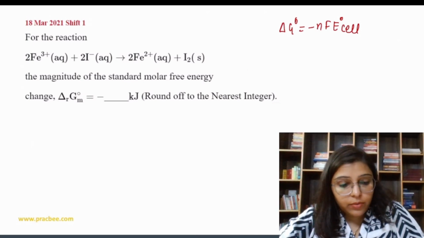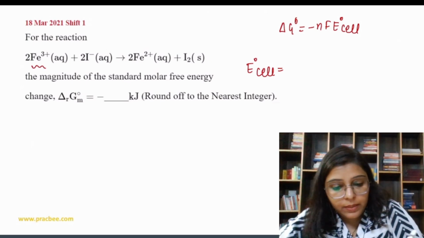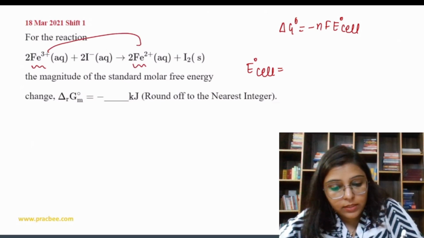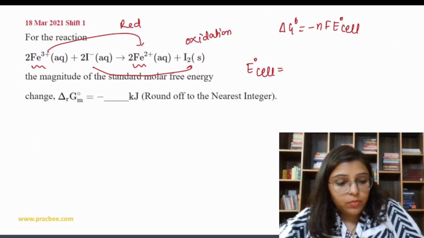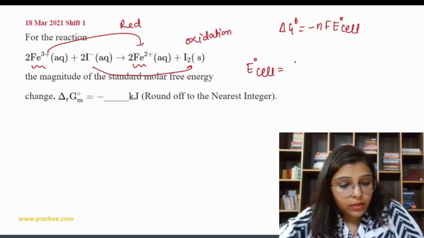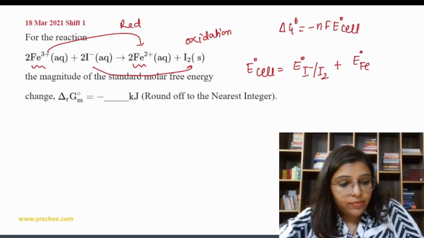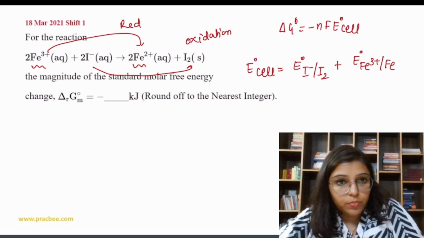In order to calculate E naught cell, we should have this value. Which value? Fe3 plus to Fe2 plus is the reduction process, and I minus to I2 is the oxidation process. So we should have E naught of I minus to I2 plus E naught of Fe3 plus to Fe2 plus.